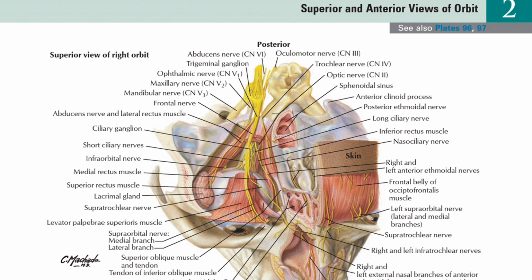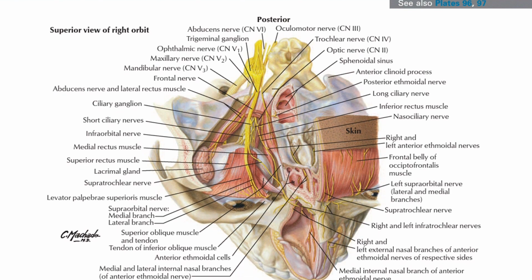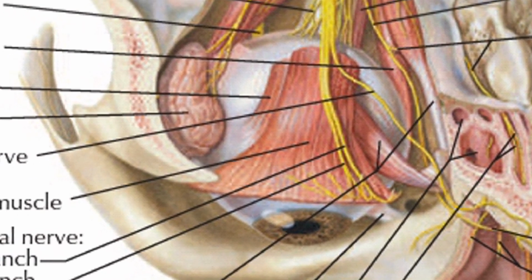Superior and anterior view of orbit. Okay, here you can see this is the eyeball.